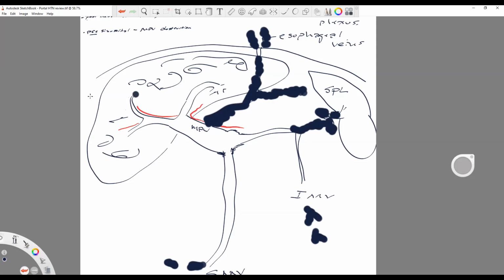Eventually, things start to go really backwards and are really wrong. And instead of flowing into the liver like normal, we start to flow out of the liver.